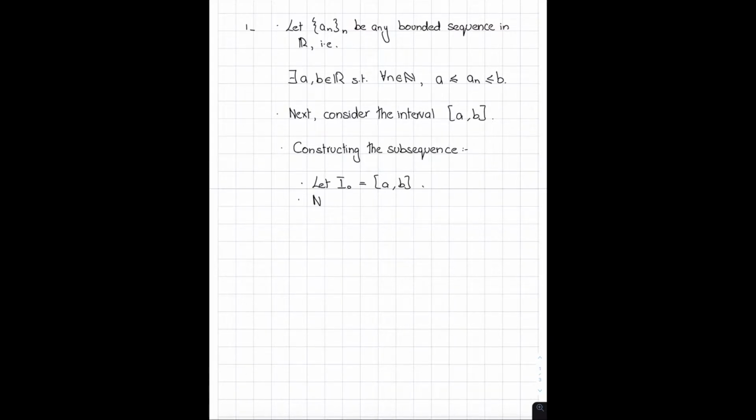Next, I'll bisect I of 0 into two equal parts.